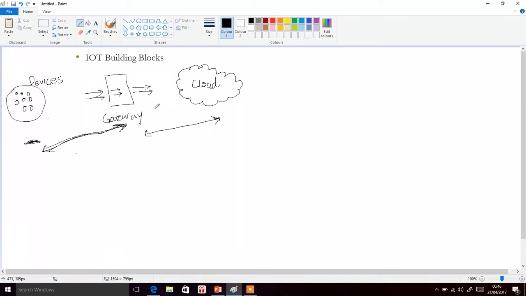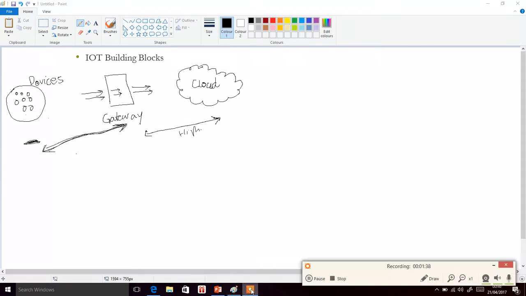And this is actually high powered and normal WLAN, SIMs, and UMTS and GSM and all those communication networks are used. So this is the basic building block of an IoT.